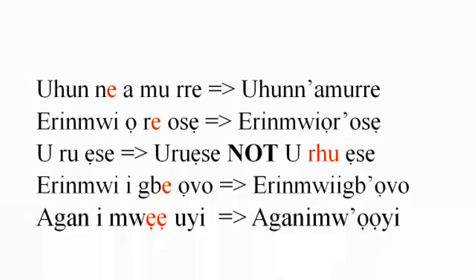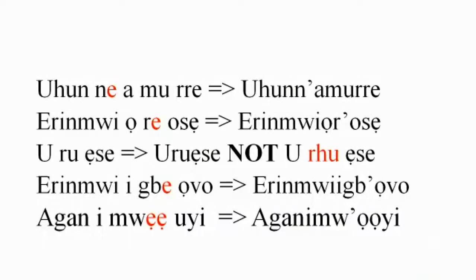So, in Edo, the vowel elision process is a very common phenomenon. Then you have other examples in Ugu, Ne, Abu, which is Namu. So you can see where the apostrophe has started there. Then you have the other example. And then let us look at the third one there.